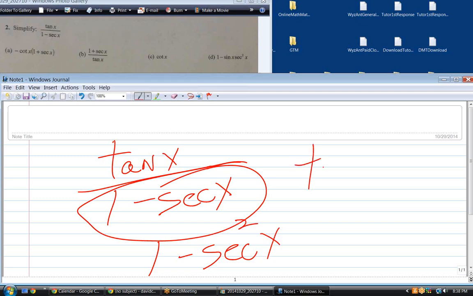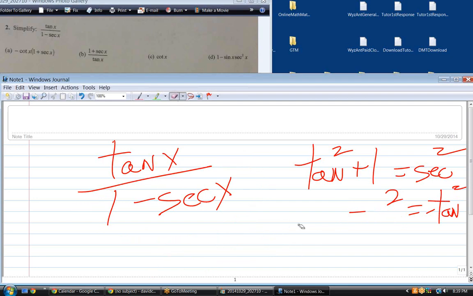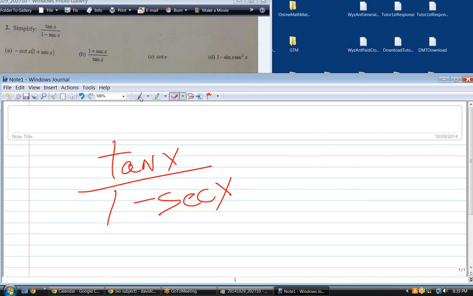In other words, tangent squared plus 1 equals secant squared. So if I bring the secant over to the left and take the tangent over to the right, I get 1 minus secant squared equals negative tangent squared. So I'm going to multiply this by the conjugate with the intent of substituting negative tan squared for the denominator when I get it.